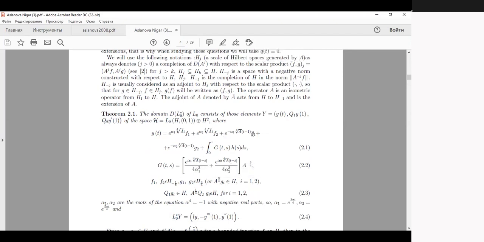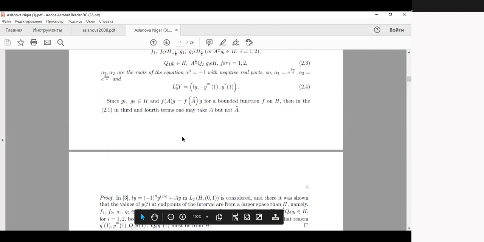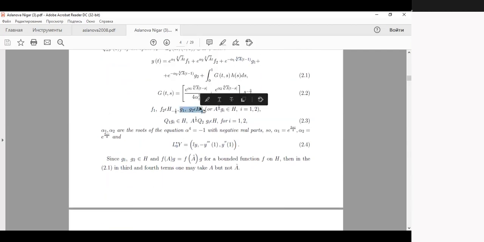G1 and G2, you just look, should be from that narrow space rather than from the space with negative indices, H minus 1 over H. So this is a scale of Hilbert spaces, as is well known, generated by the operator A. Okay, so not too many things were done here. I just put those two conditions with that one.